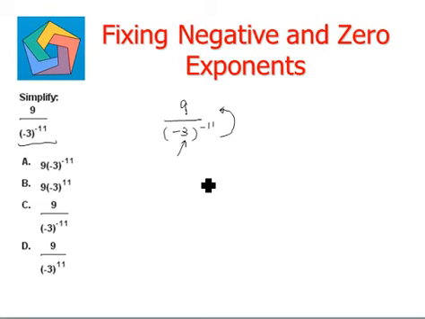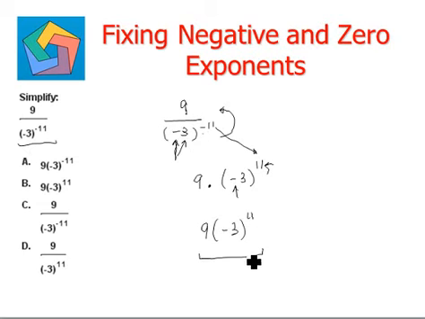So this becomes 9 times negative 3 to the power of positive 11. The negative 11 will become positive and move to the numerator. Always remember that only the negative exponent will be turned positive and not the sign preceding the number. So negative 3 will remain as it is and the power will become positive. So this finally becomes 9 times (negative 3) to the power of positive 11, which is the final answer and can be seen in option B.